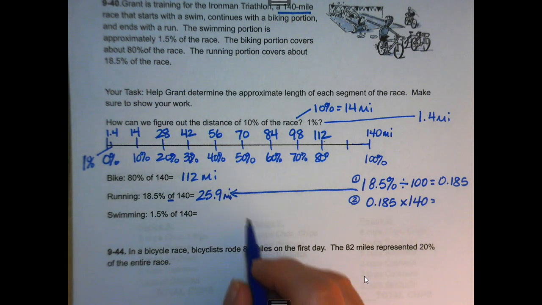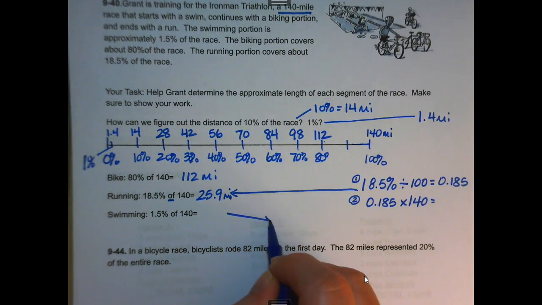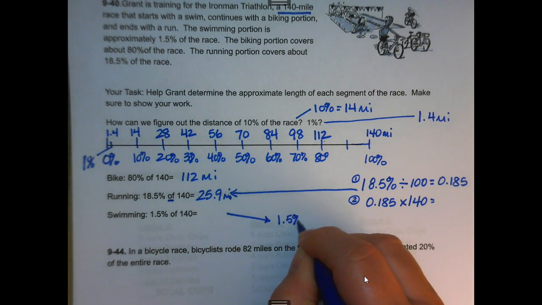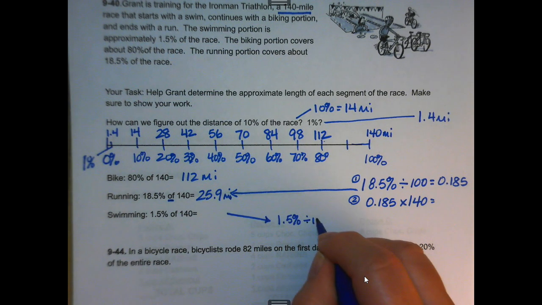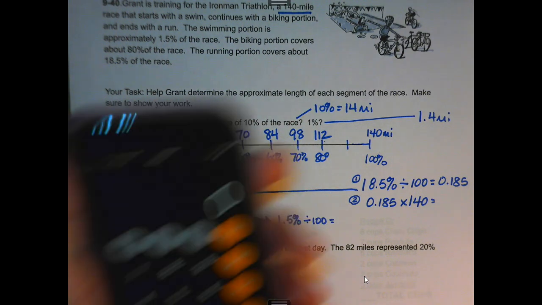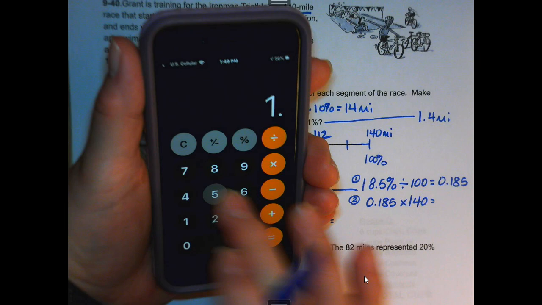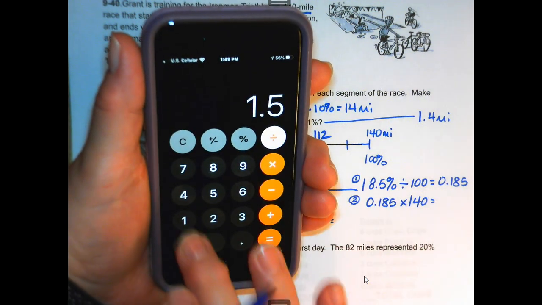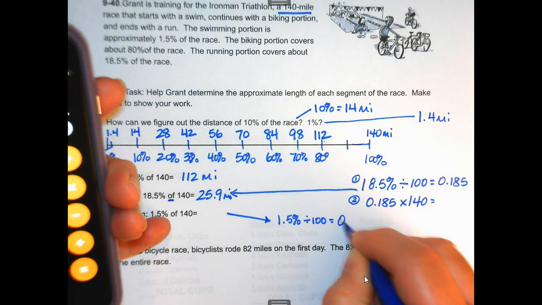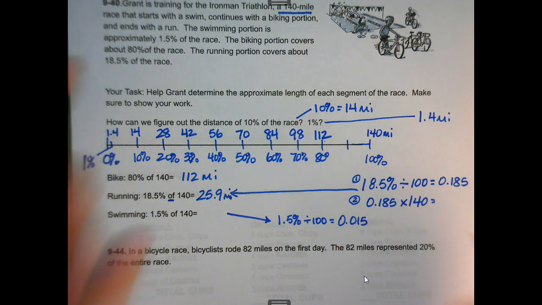Now, we could go ahead and do the same strategy over here. Okay, so let's go ahead and put this one down here. We're going to do 1.5% divided by 100. Okay, so 1.5 divided by 100 is 0.015.